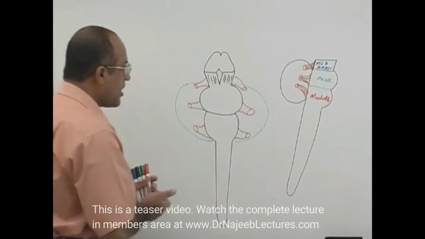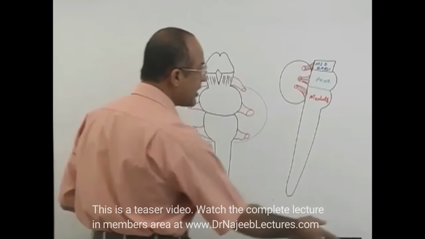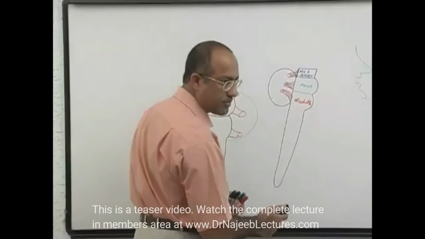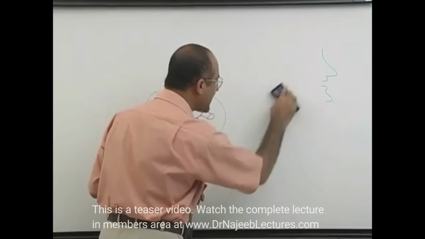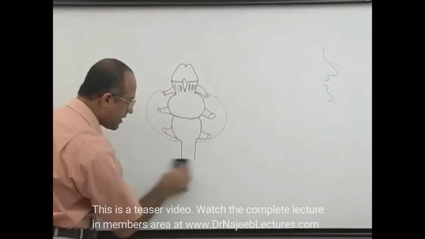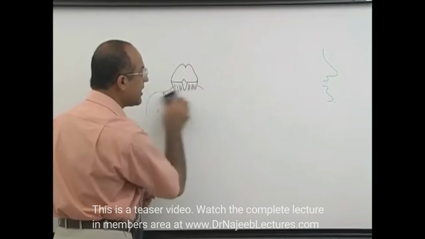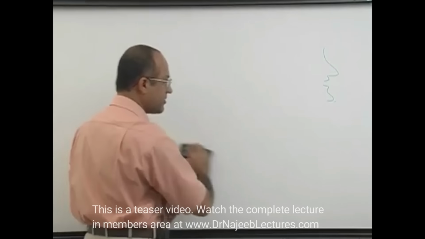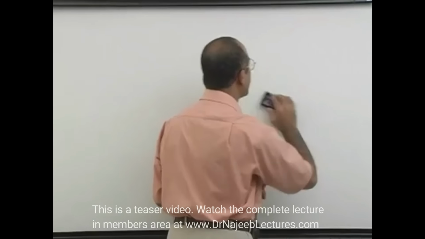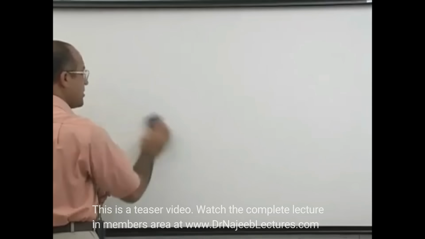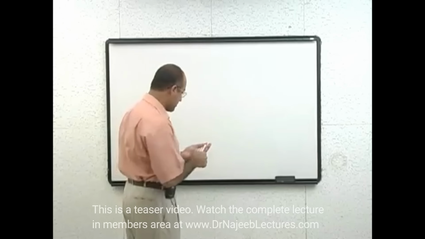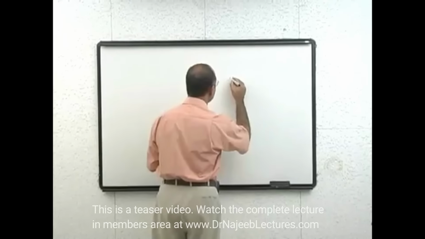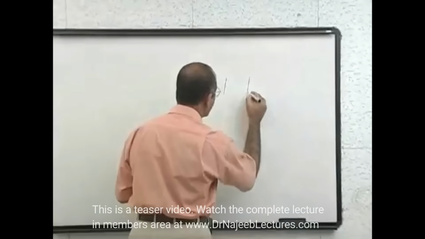Then we will see how the cranial nerves are attached to the brainstem structures, exactly where on the brainstem they are attached, so that we will later understand in which part of the brainstem their nuclei should be. Again, we'll make a side view of the brainstem, now a bigger diagram.